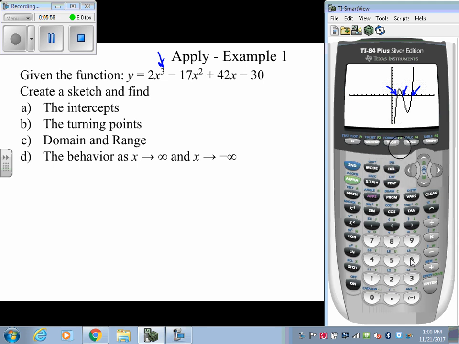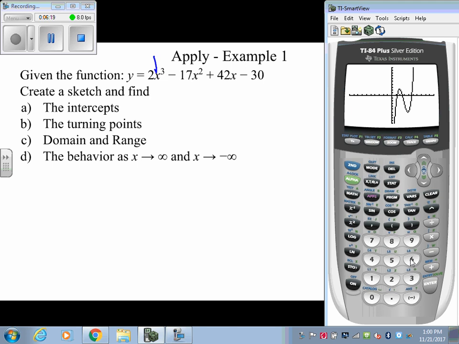We could address this a couple of different ways. We could zoom out, but generally the way we find a y-intercept is not by using our calculator at all. The y-intercept occurs when x is 0. So to find the y-intercept, the easiest thing to do is simply plug in 0, which is my favorite number to plug in.